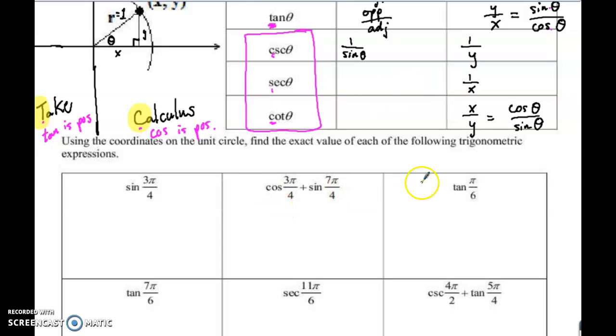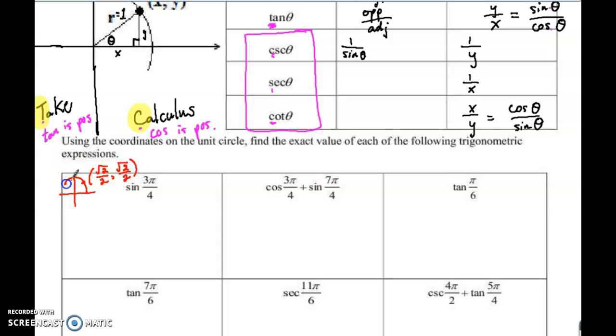So how is that helpful? Well, we've talked at a decent length about reference angles. So just think about 3 pi over 4's reference angle is just pi over 4. So if it helps, just think about, okay, pi over 4 is over here. That's the root 2 over 2, root 2 over 2.